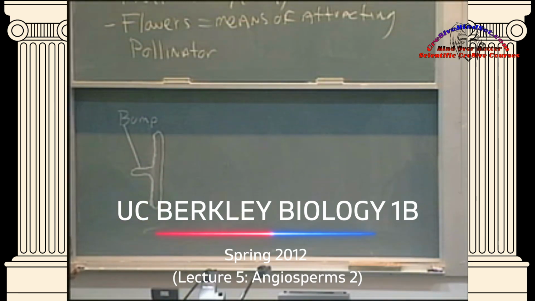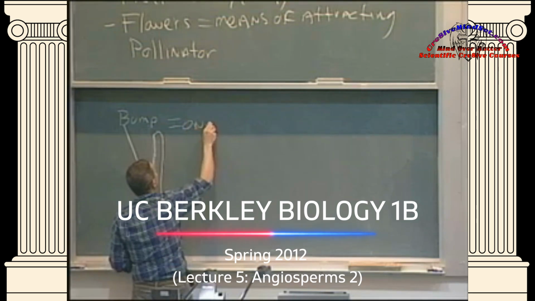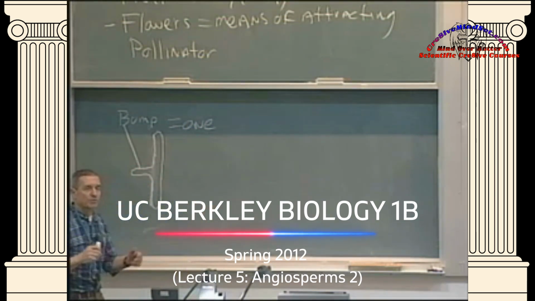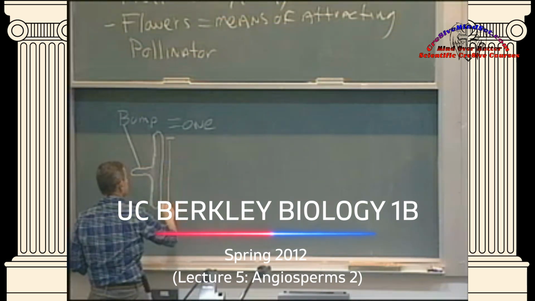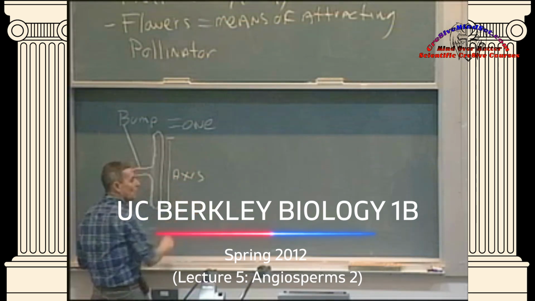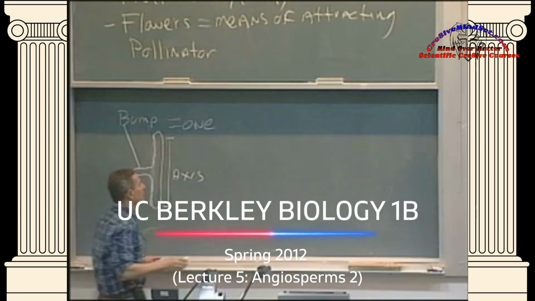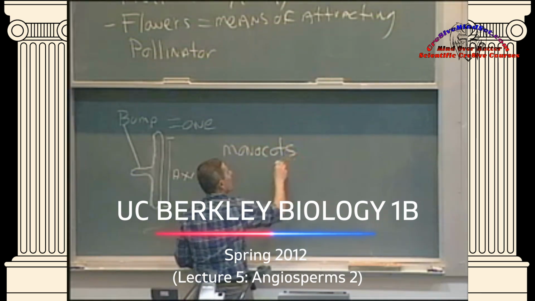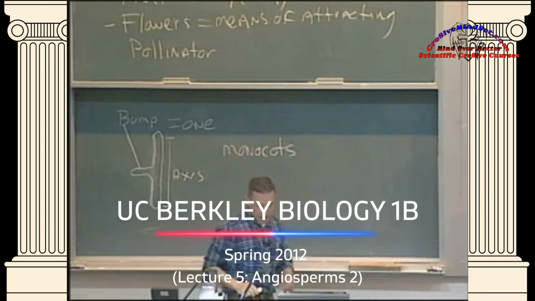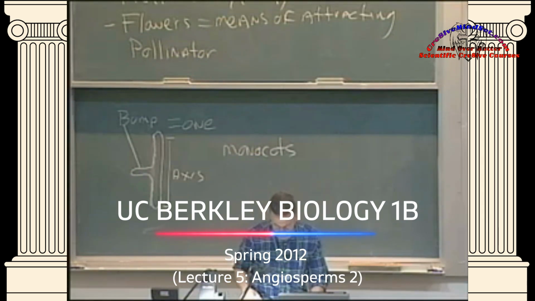It's placed to the side of the axis, and there's only one. Plants which fall into this division of the angiosperms that have only one bump on their axis, we call monocots, or monocotyledonous plants. But monocots is the short term for them.